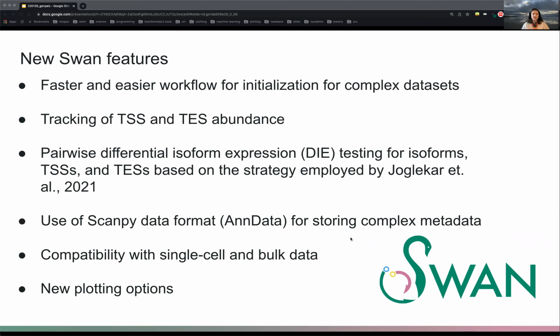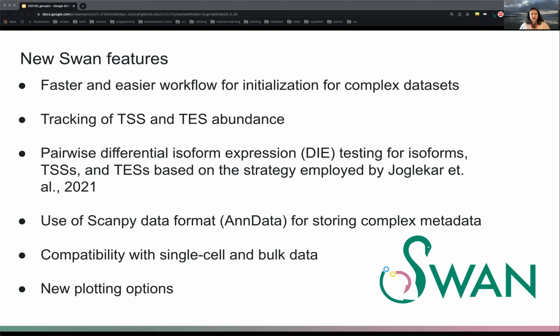I upgraded it to use, instead of a pandas data frame, the ScanPy data format called AnnData to store complex metadata along with many other things, which in turn makes Swan compatible with both single cell and bulk data, which was a pretty big hurdle that I wanted to clear given the advent of our lab starting to generate long read single cell data. And in addition, I have implemented new plotting options.